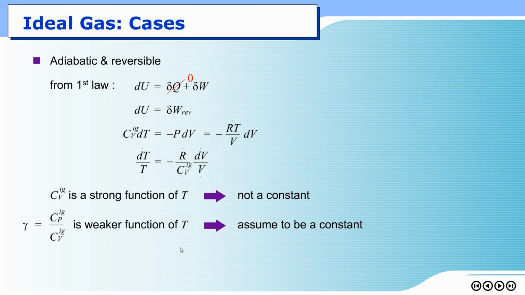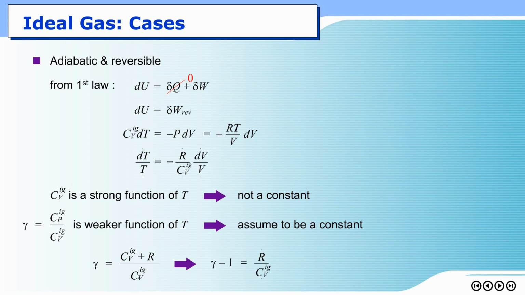If we apply this assumption to our equation, we use the relationship between Cp and Cv under the ideal gas assumption: Cp equals Cv plus R, and then rearrange this equation.